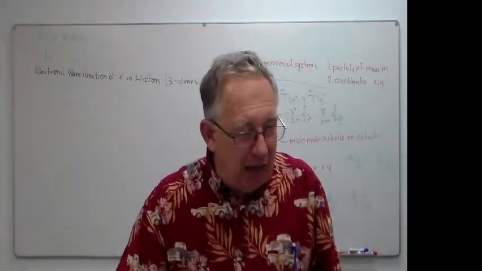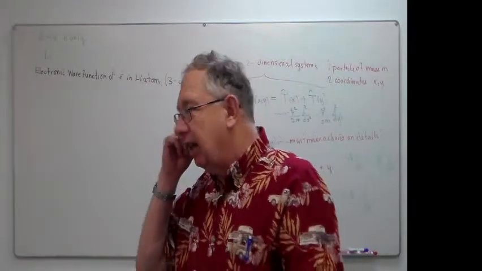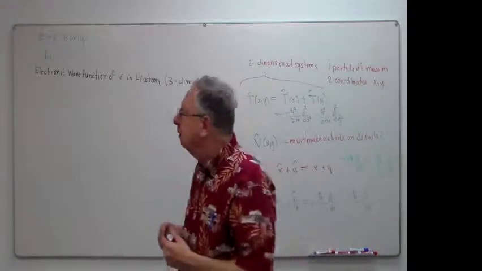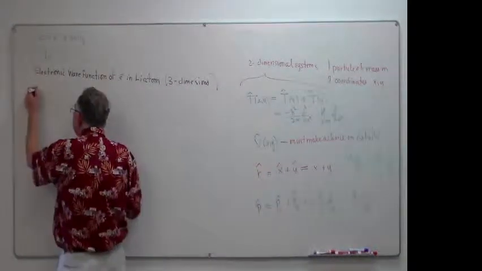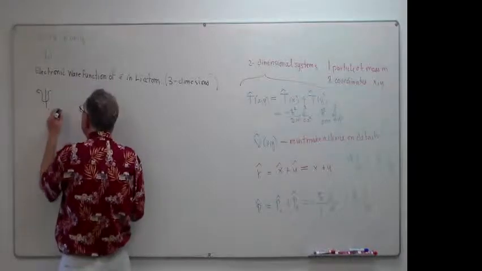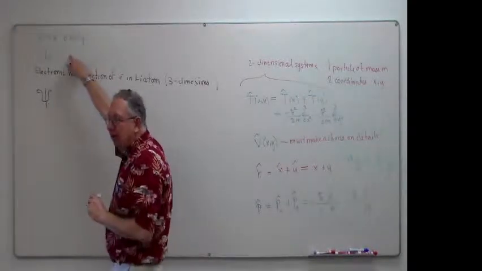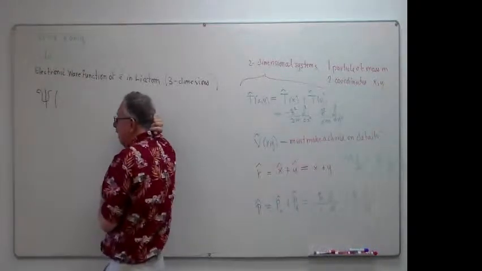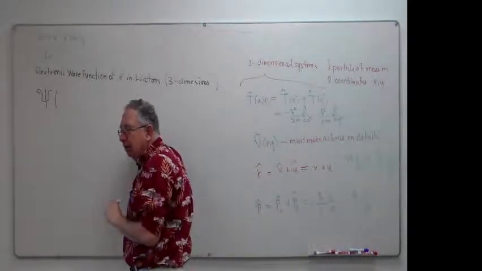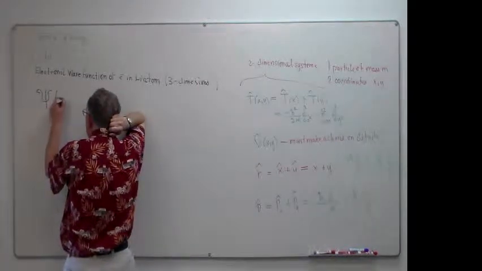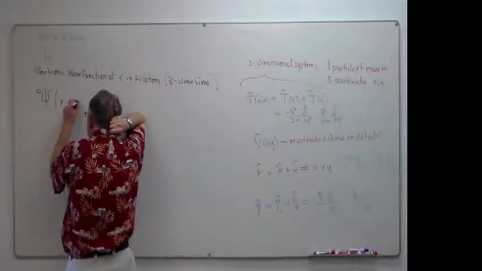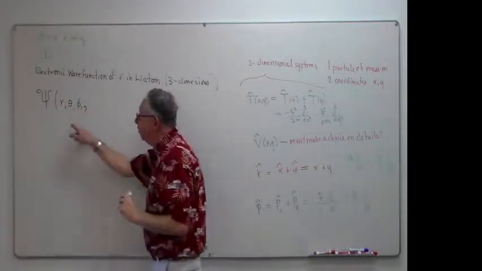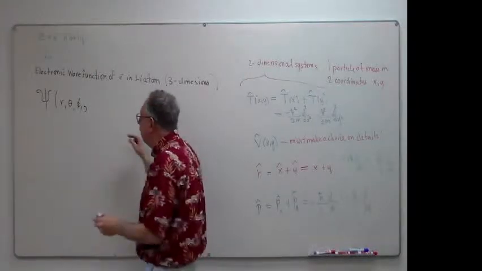Now, how are we going to do that? In other words, every electron can go in 3 dimensions, right? So our wave function is going to be of the form. We have 3 electrons, and you can have it in any coordinate system you want. So you can have r1, theta 1, phi 1. That's the coordinates of electron 1, but we have 2 other electrons.